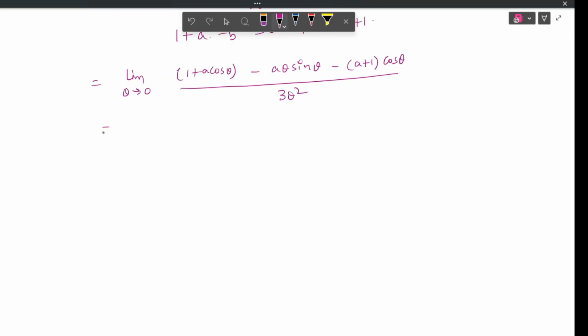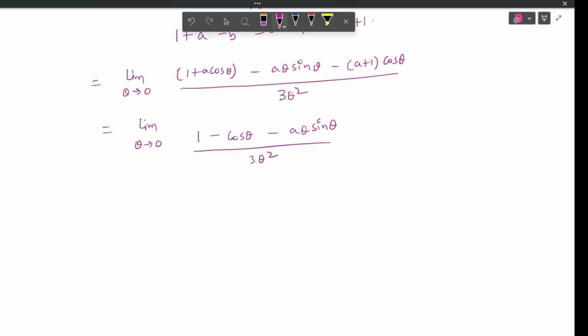Now if you simplify, this will be limit theta tends to 0, a cos theta and minus a cos theta will cancel out. So you will get 1 minus cos theta, and minus a theta sin theta upon 3 theta square.